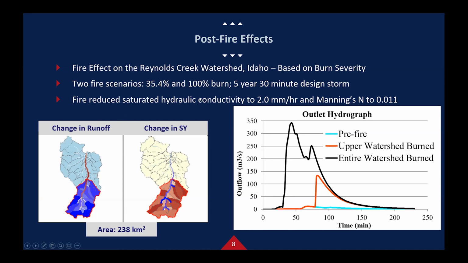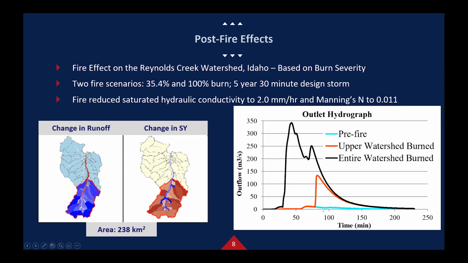Basically, we change the vegetation based on burn severity, as well as we change the Manning's N value for the hill slopes.